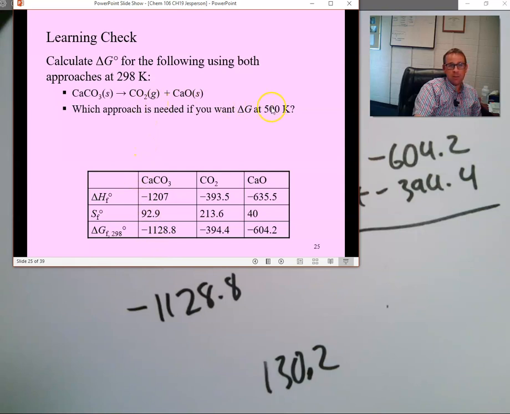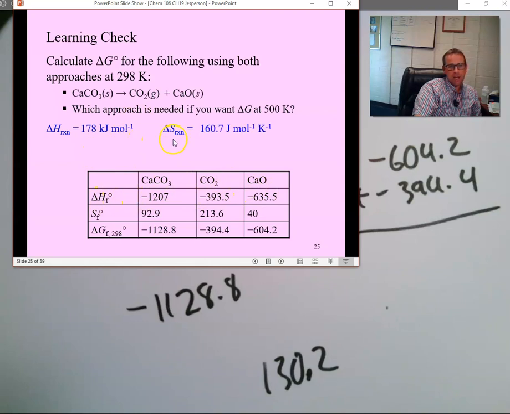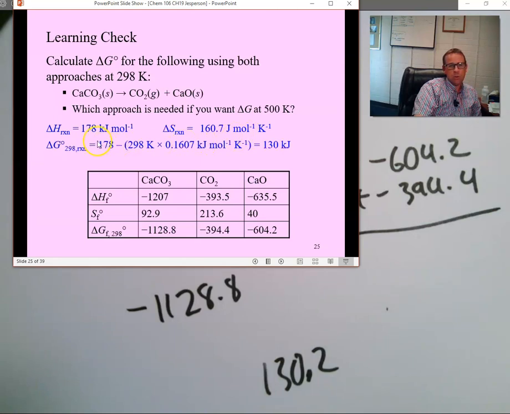If we wanted to find out the information at 500 Kelvin, however, what we could do is calculate the delta H of the reaction and the delta S of the reaction, and use the delta H here minus, instead of putting in 298 here, we could put in our 500, the temperature, and multiply it by our delta S, and we'll have to make sure we divide that by 1,000 there.